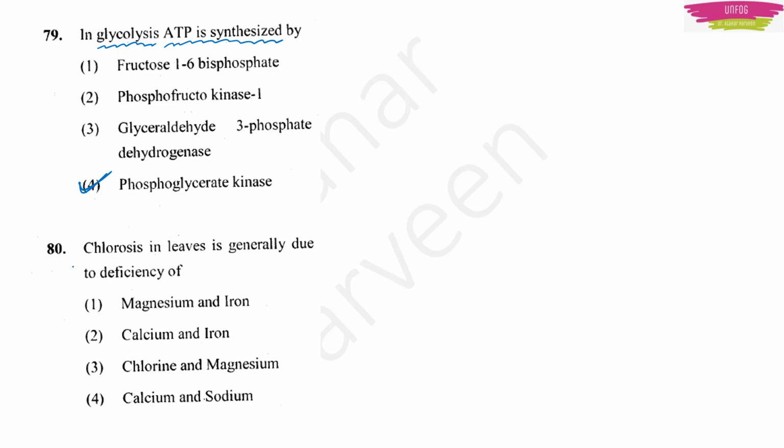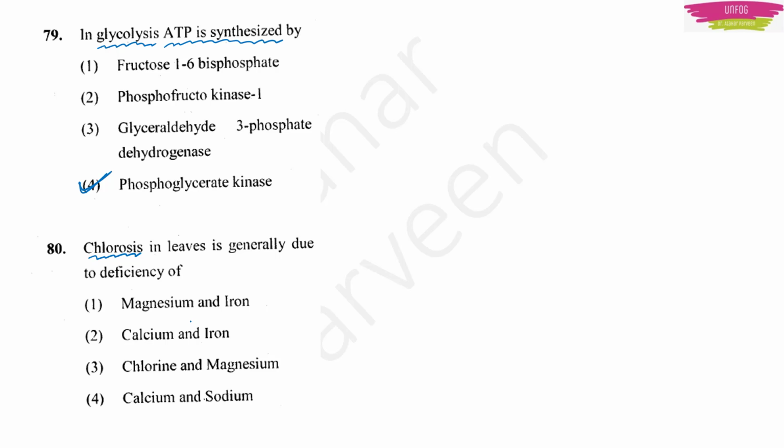Next we have: chlorosis in leaves is generally due to the deficiency of. Chlorosis is actually a fancy name for the yellowing of the leaves. When leaves get older, they turn yellow, right? The green color changes to yellow color. That process is known as chlorosis.